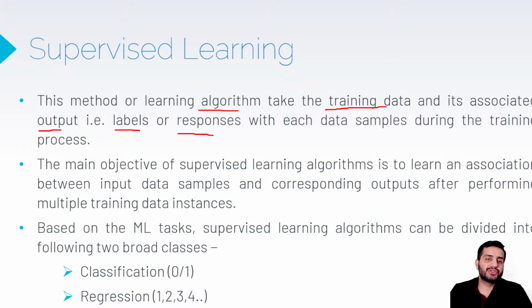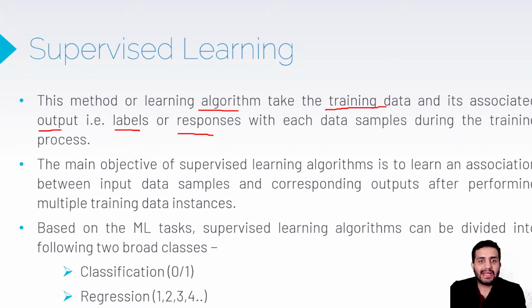I have the supervision in my training process. So now in the learning process, the training data is associated with the output labels. Whatever my output is ultimately at the end, it is visible to each of my training samples.